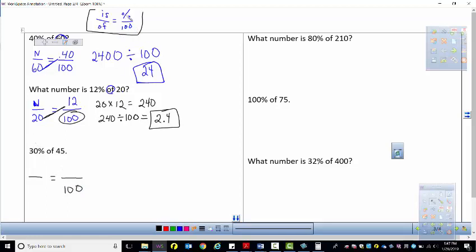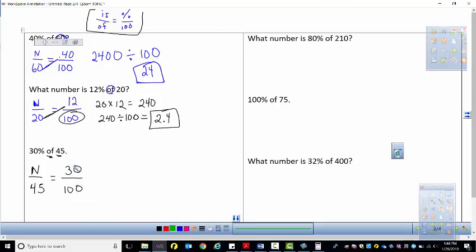The percent is above it. Do I know a percent? I do. It's 30, so I put 30. And the only other thing I have is of 45. So of is in the bottom, or the denominator, of the other fraction. So 45. I don't know this number, so I use the letter N to represent the number.